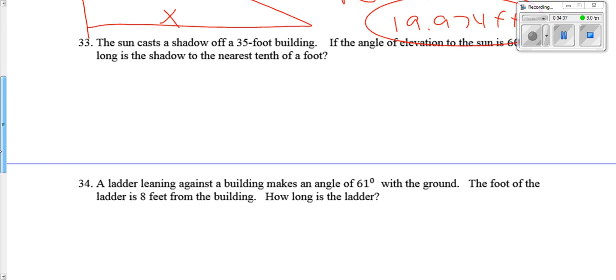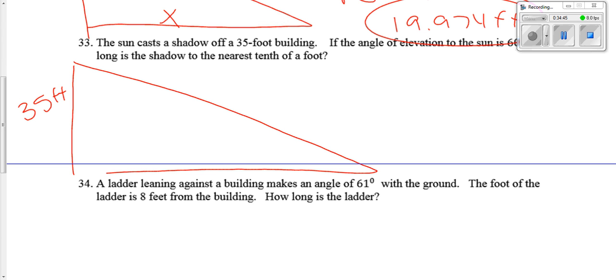33. The sun casts a shadow off a 35-foot building. So here's our 35-foot building. The sun casts a shadow. The angle of elevation to the sun is 60 degrees. How long is the shadow to the nearest foot? Shadow is always on the ground. So that's our opposite. This is our adjacent.